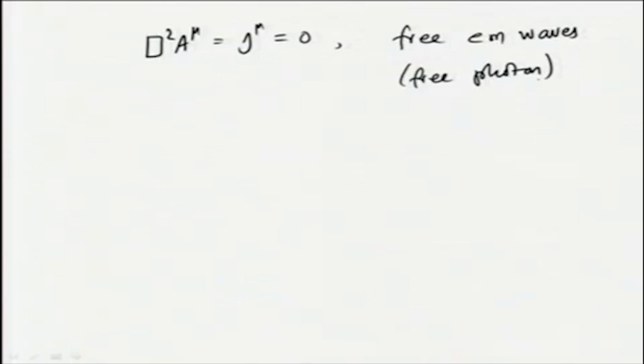We have not quantized it yet, but let us say that we can do that and then think about the electromagnetic field as a collection of photons. In that case, A mu represents the photon.